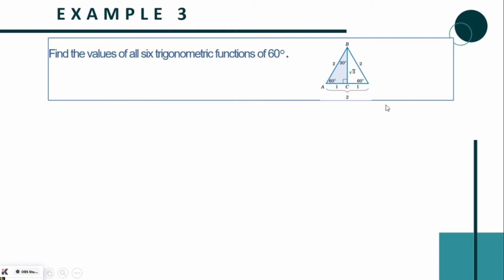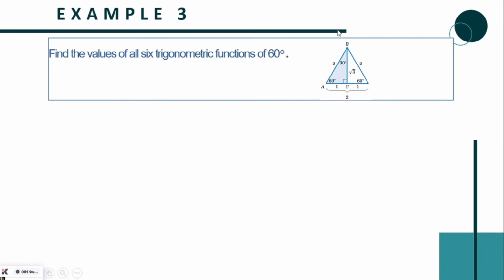So in our figure, we can see that all the side lengths are equal to 2. And then all the angles are also equal to each other. All the angles are equal to 60.